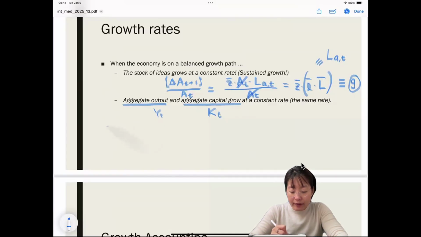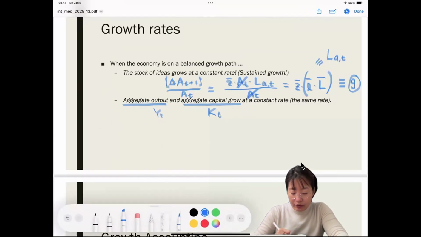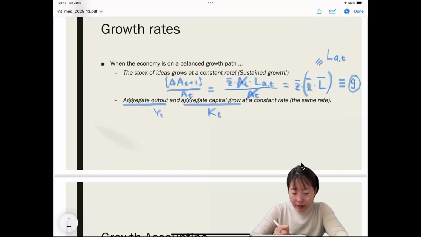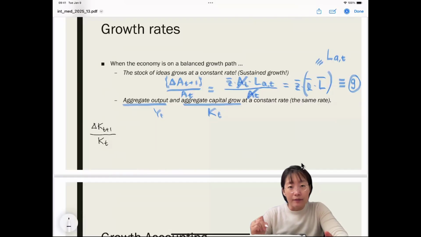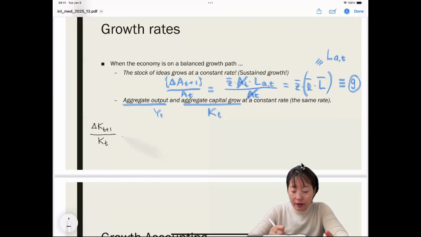The growth rate of big K capital goods would be changes in big K toward time t plus 1 over the current level of capital stock.